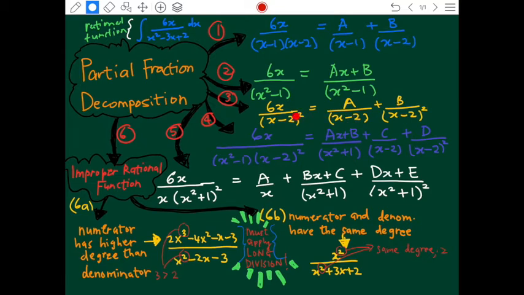So just in case the power here is changed to 3, it means that you need to add plus C over x minus 2 power of 3. Do you understand? I hope it is much clearer to you now.